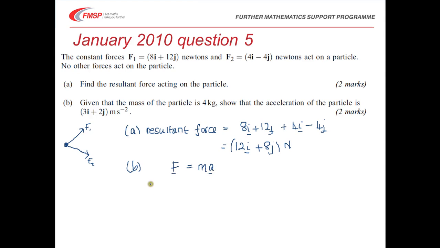We now know that the resultant force is 12i plus 8j, so that will be equal to the mass times the acceleration. The mass was 4, so dividing through by 4, that tells us that the acceleration is 3i plus 2j, and that would be meters per second squared. So we've managed to show that.